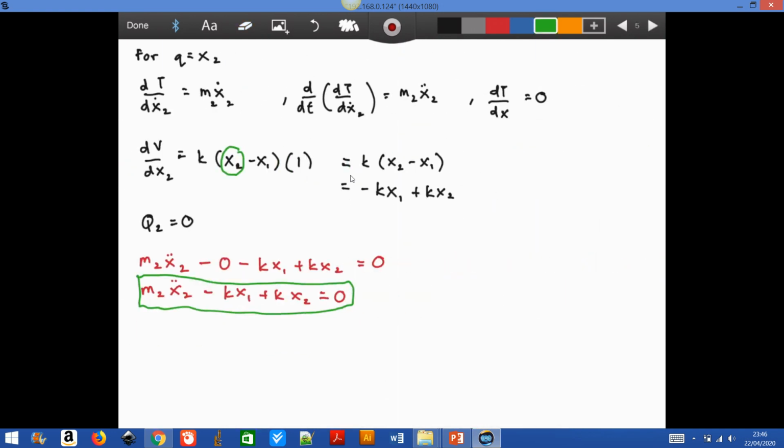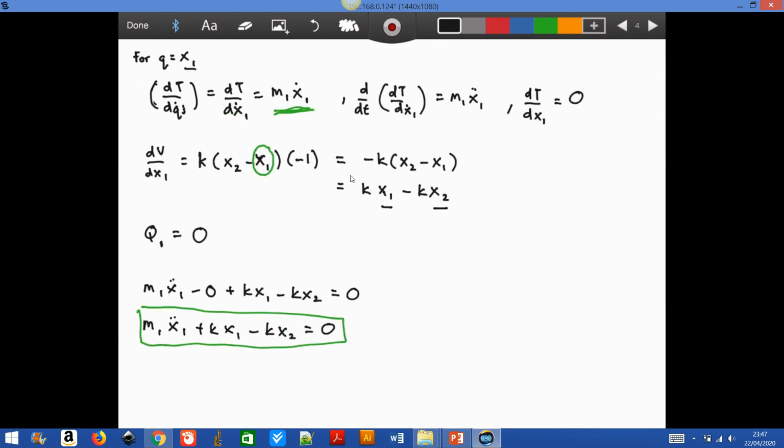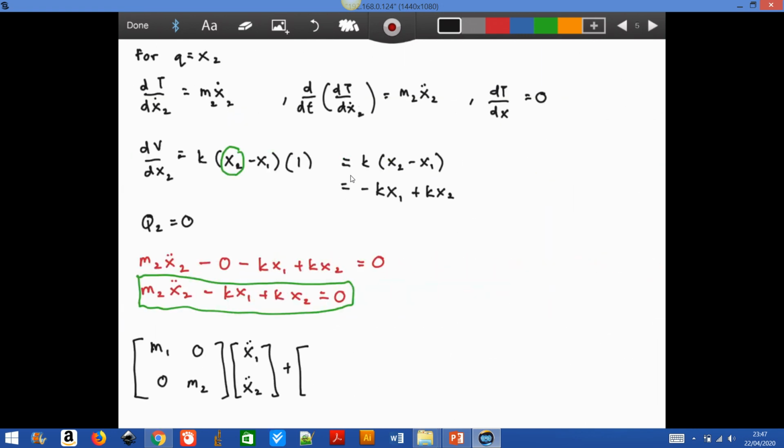So if we combine both of those terms in the matrix form, you can write it as the matrix m1, 0, 0, m2 times x double dot 1, x double dot 2, plus the matrix k, minus k, minus k, k times x1, x2, equals to 0.